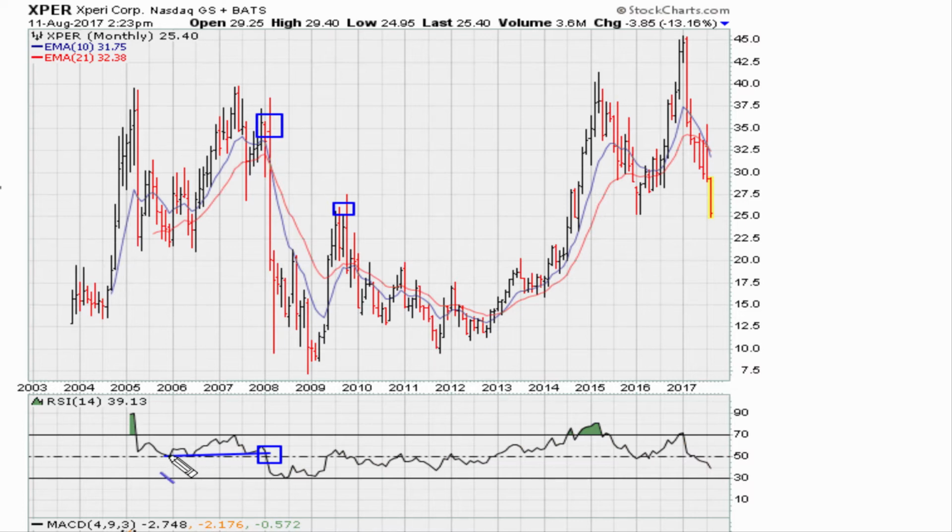Now extend that same line, and you can see that same line becomes double top rejection, here and here, of those highs. In fact, if we extend that same line, you can see it continues being relevant for quite some time. For example, you can see resistance here of those highs, resistance here of those highs. Ultimately, we move above that line, and that begins this move higher.